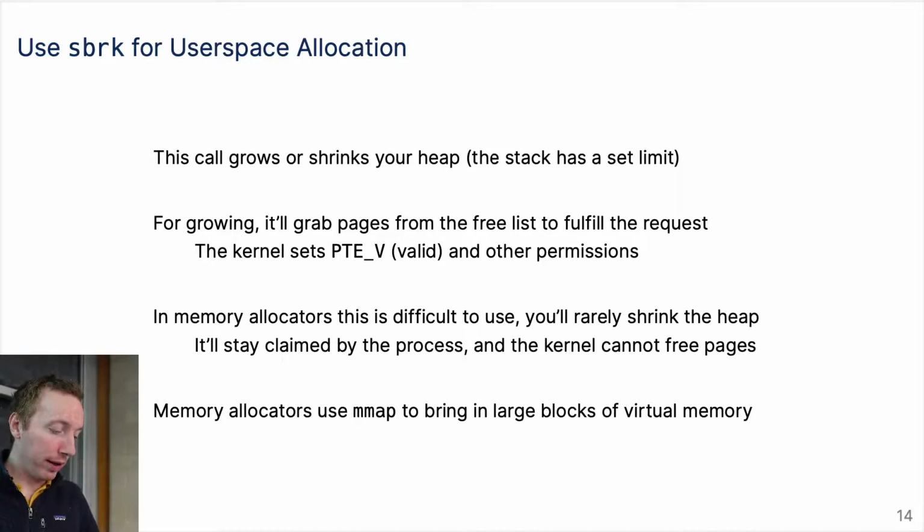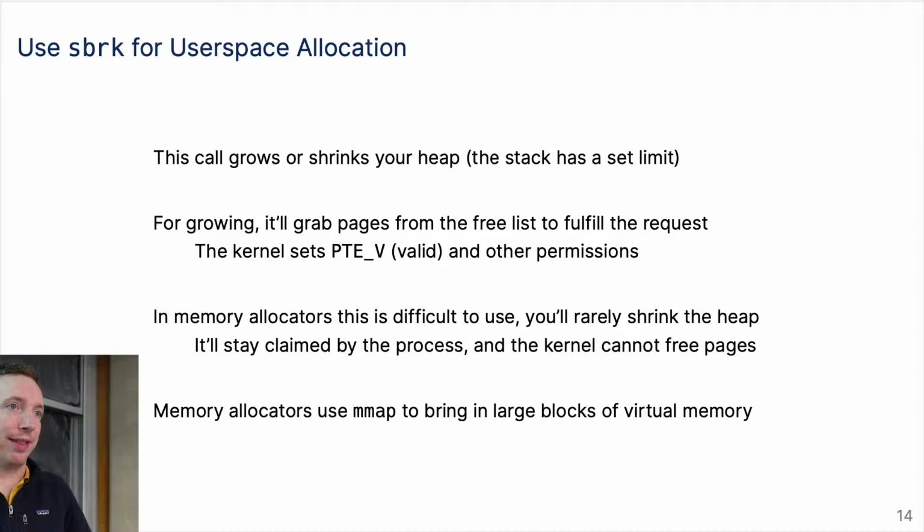Whenever it needs to grow, all it does is grab pages from the free list to fulfill the request. So if you need 10 more pages, it would just grab 10 more pages, map them in the page table, and set the valid bit as true and whatever permissions it needs. So it would probably set valid as true, read, and write.